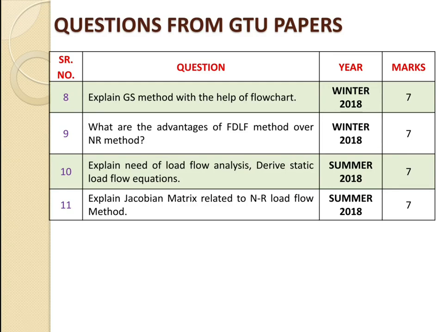Another question is: explain the GS method with the help of a flowchart, asked in winter 2018 for 7 marks. If we know the algorithm, we can easily draw the flow chart for the GS method.